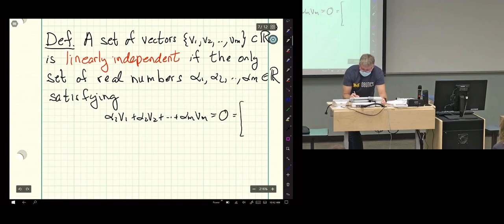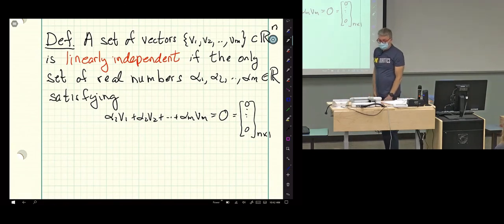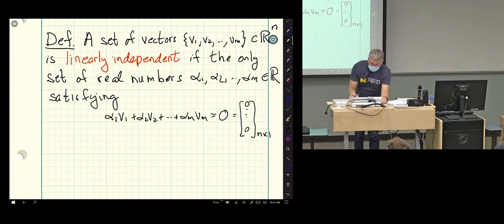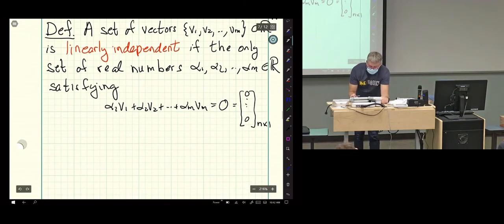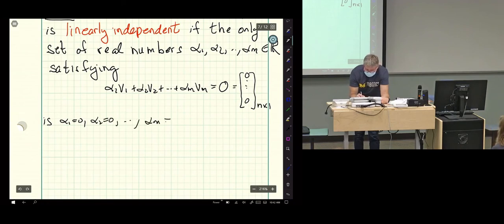So let me emphasize, I'm saying the vectors add up to the zero vector. Okay, the only set of real numbers satisfying this, the set is alpha 1 equals 0, alpha 2 equals 0, ..., alpha m equals 0.